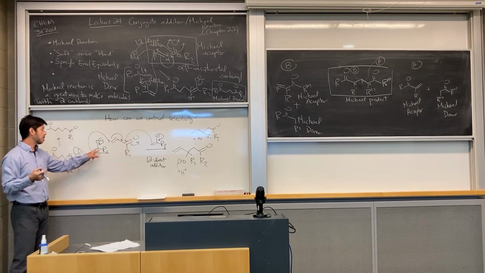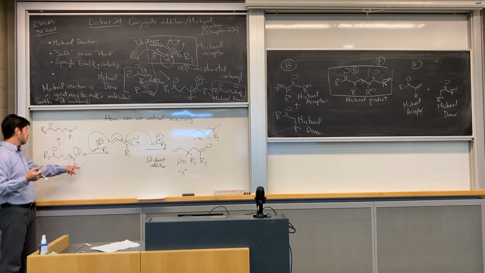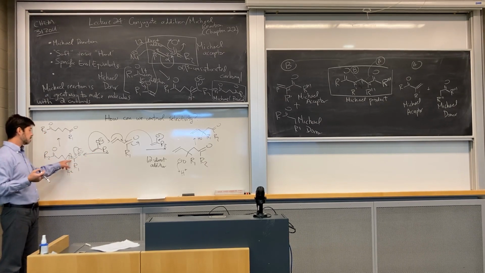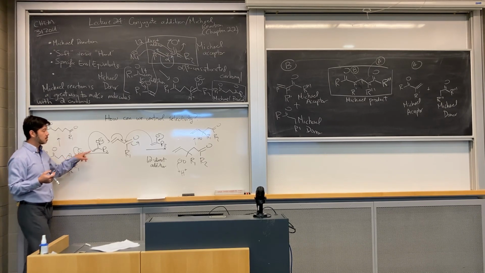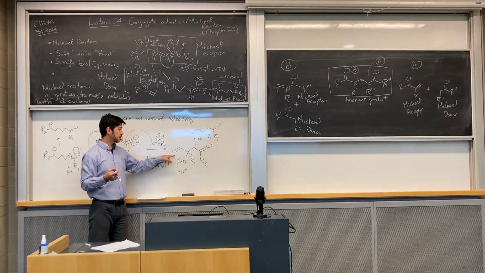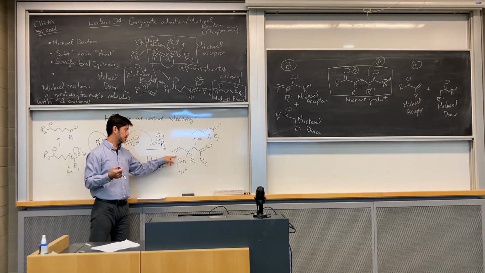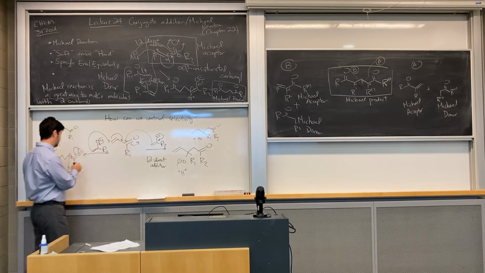So when this compound, this enolate, reacts, we generate this enolate here that has a double bond. When we do direct addition, we also get a structure with a double bond here. Question to you is, which compound is more stable?